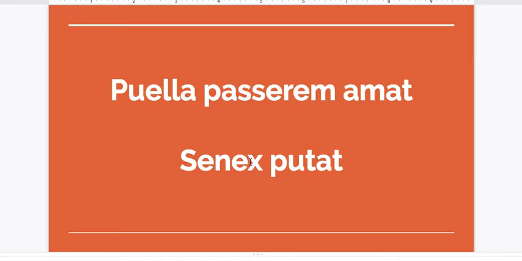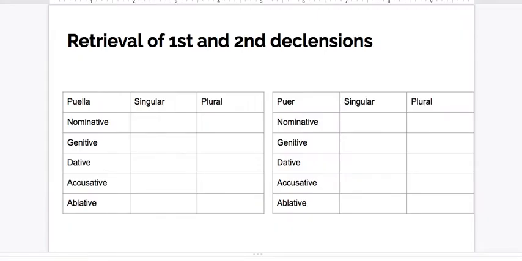We haven't seen these em or ex endings on nouns before, but now we have. And I bet you could have translated these, and you did in class, even without knowing the declension. But we want to know the declension. So let's move on. Before we go on to the new forms, though, let's get the old forms down.